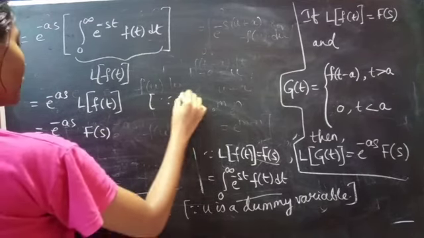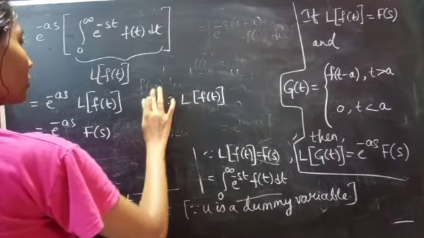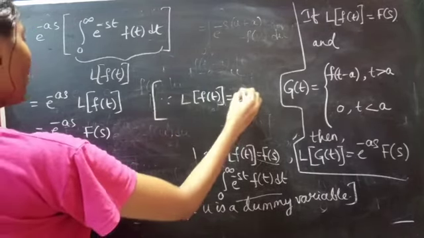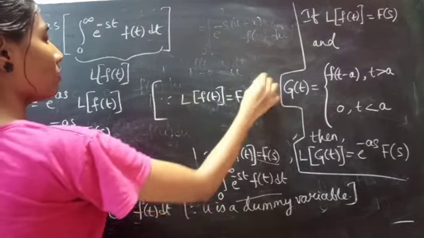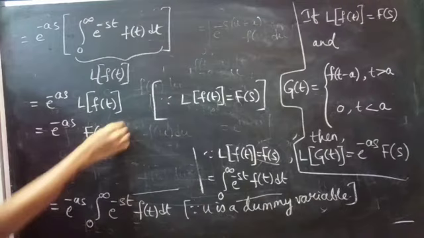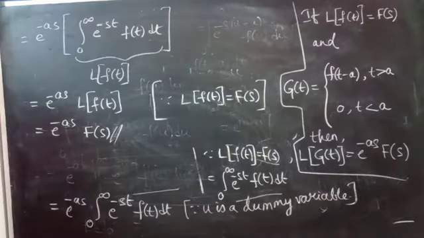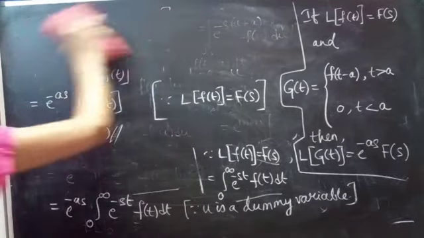Since L of f of t equals capital F of s, this is your RHS. So this completes the proof.